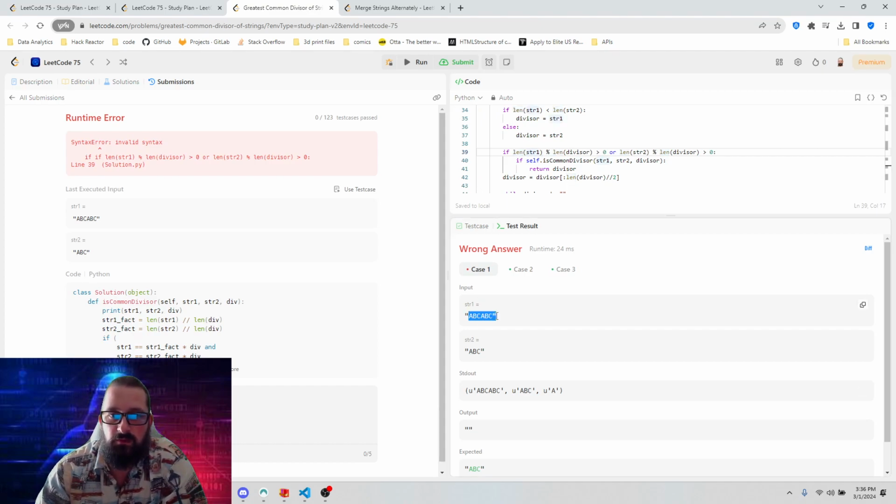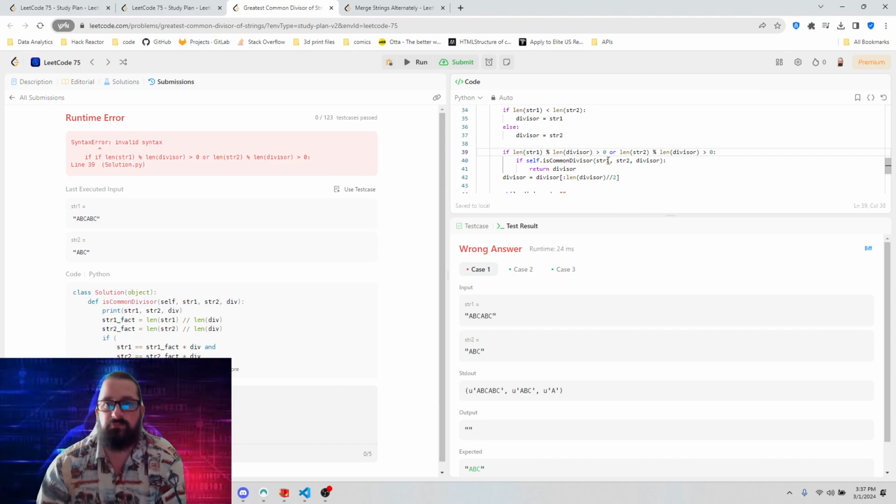We have string 1, which is a length 6, divisor, which is length 3, so that should come to this is checking that they are equal to 0.